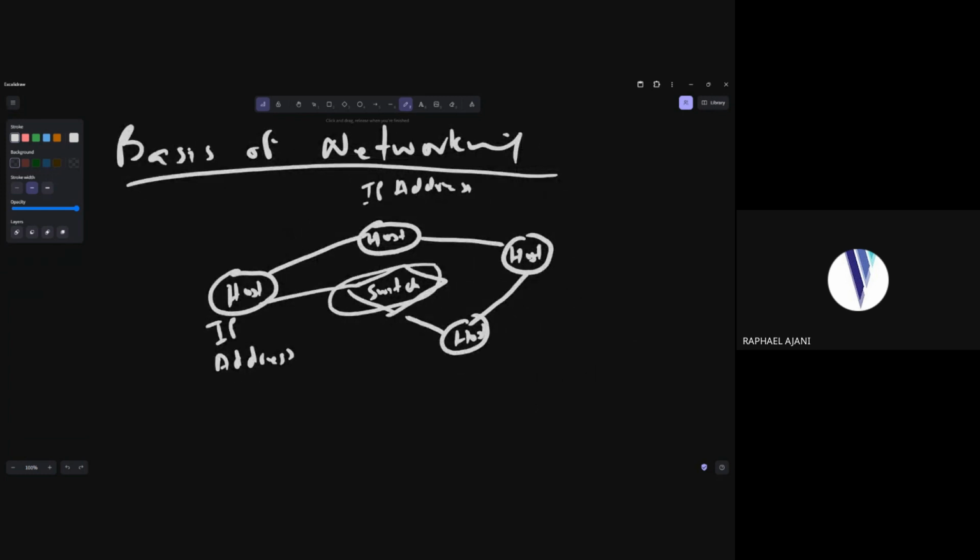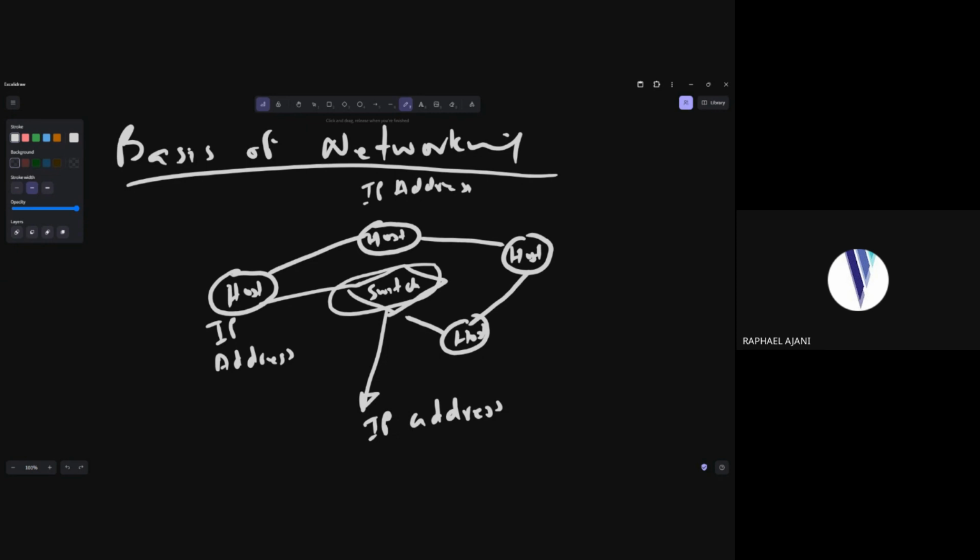And why did I say postal address? This switch would also have its own IP address. I'm just bringing it here because of space. Every node or every host on a network must have an IP address.